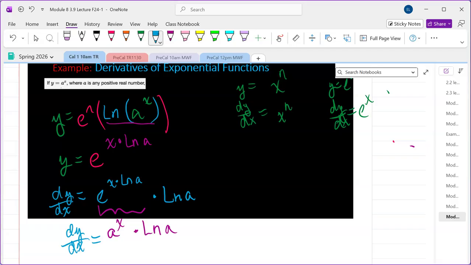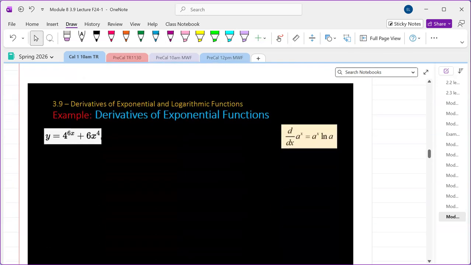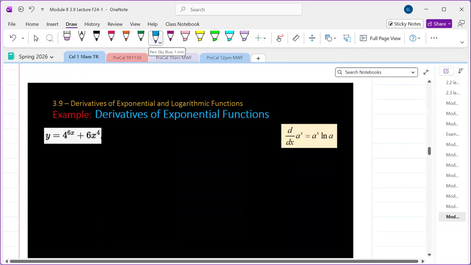They just get multiplied by this extra constant. So yeah, the derivative we just proved is written here to the side as a formula. So the derivative of a to the x is a to the x times the natural log of a.